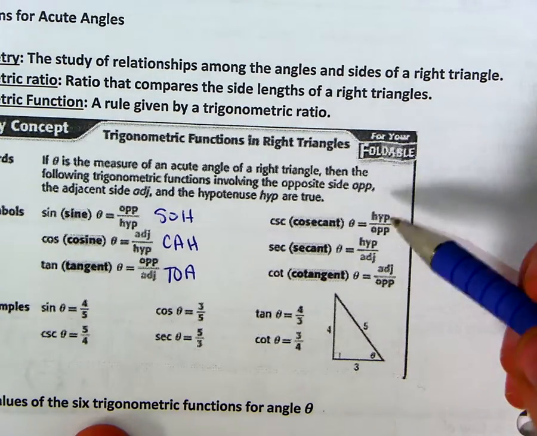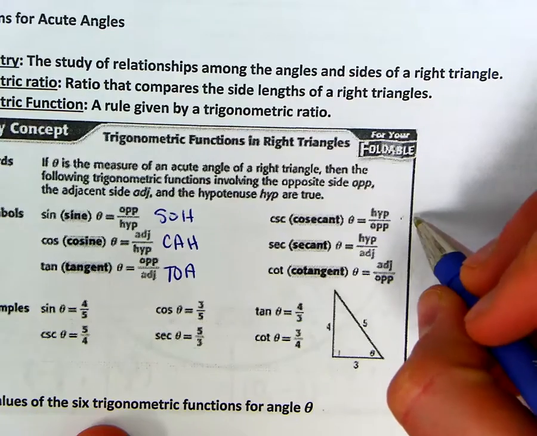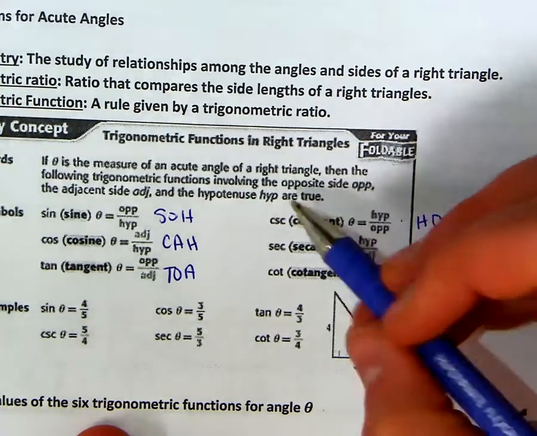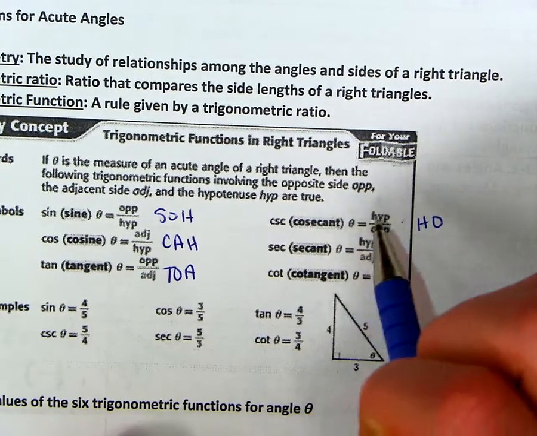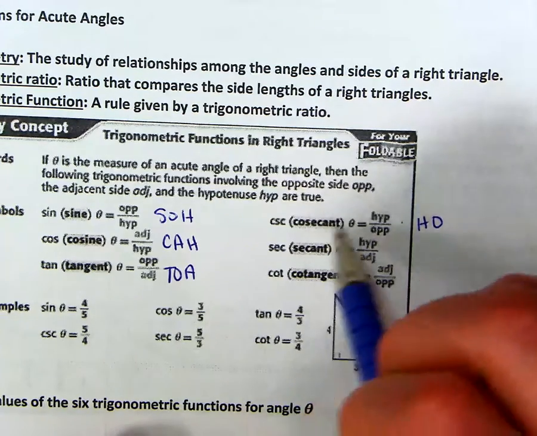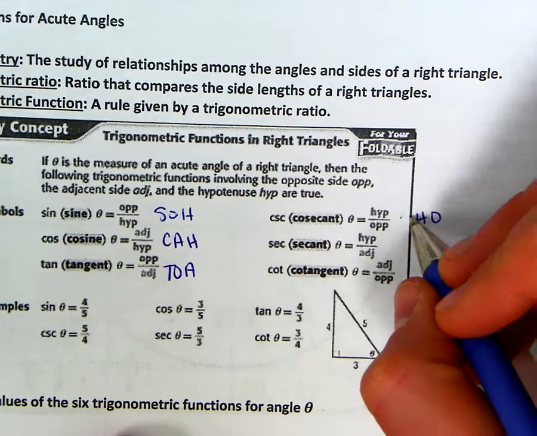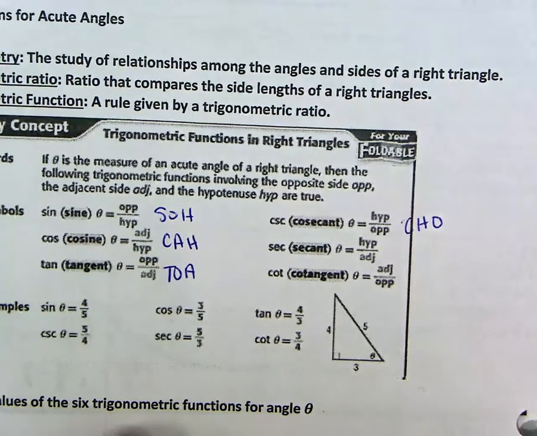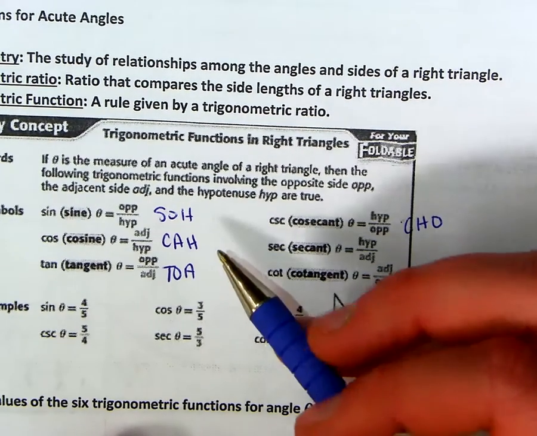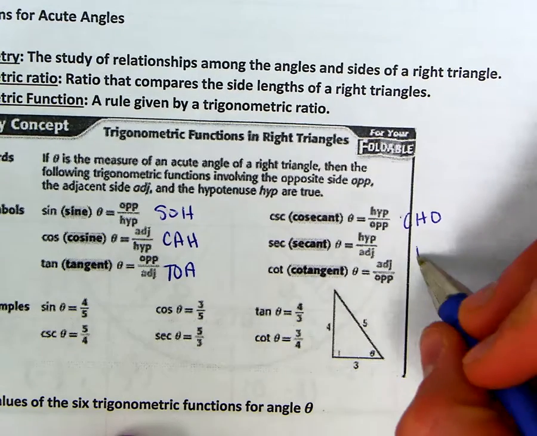So instead of sine, it's cosecant, and then hypotenuse, and then opposite. So if you wanted to put a C here, you could. Then you have secant, which is the opposite of CAH, so you have the HA.